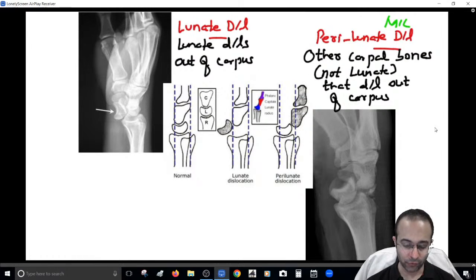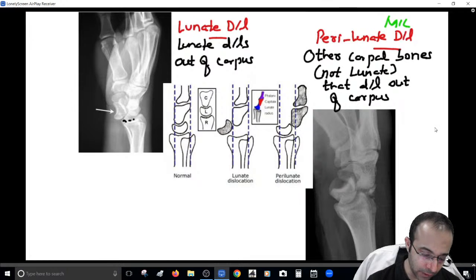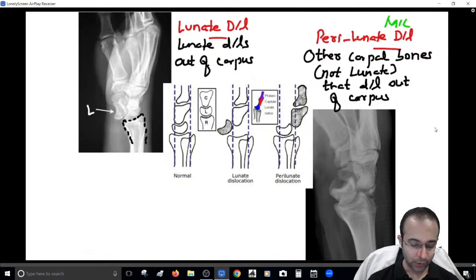I'll mark it up for you. This is the distal radius. I hope you can see this half moon shaped bone lunate, and these must be the other carpal bones. Lunate is not with the radius, so this is lunate dislocation.